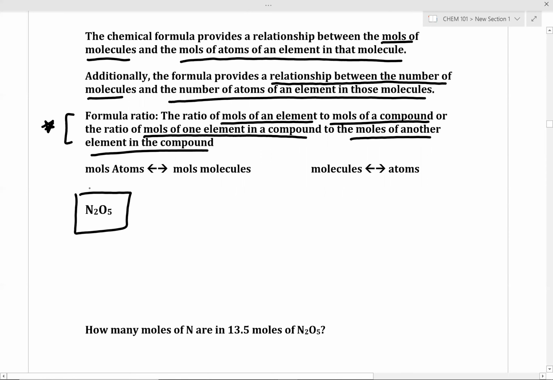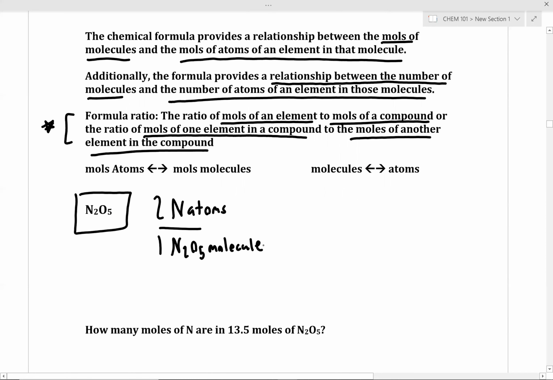Now, let's start with just counting here. How many nitrogen atoms do we have in a molecule? 2. So we have 2 nitrogen atoms per every 1 N2O5 molecule.